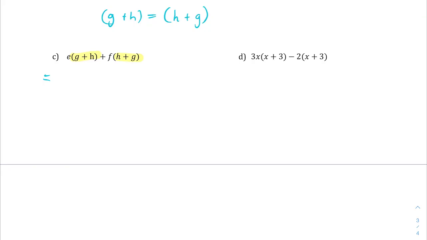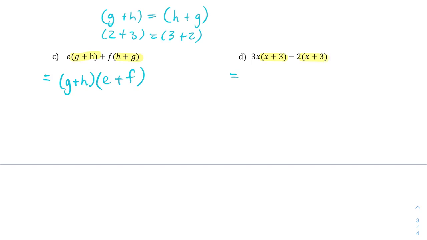Because you could add 2 plus 3, and that would be the same thing as 3 plus 2, for example, right? So we could factor out g plus h, and then we're going to be left with e plus f. Good. And again, you could always check by expanding, right, to double check.